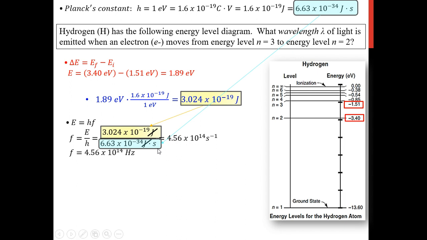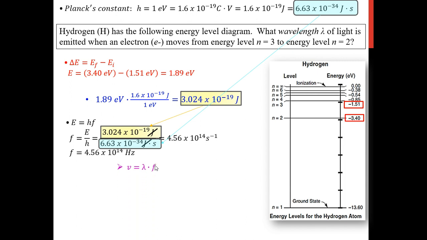But seconds in the denominator can be rewritten as s to the negative 1, and s to the negative 1 is the same thing as hertz. I'm just changing things so that it looks proper. It's really the same value, just with different unit notation.